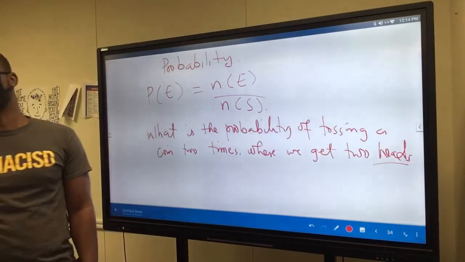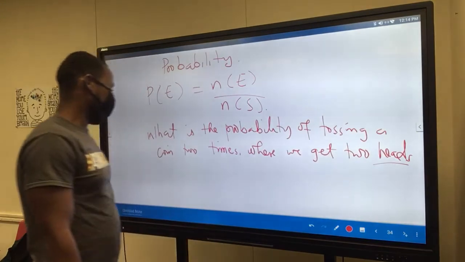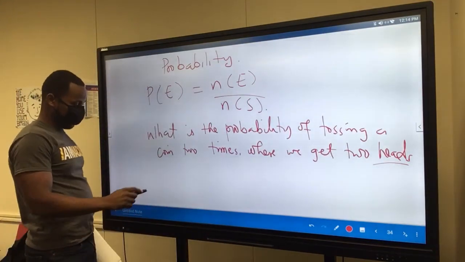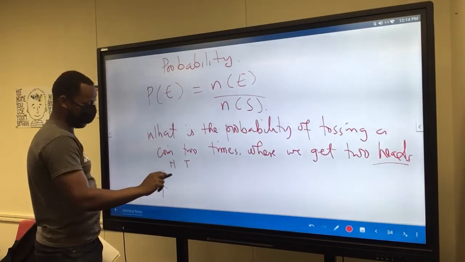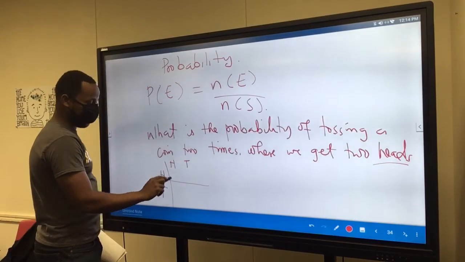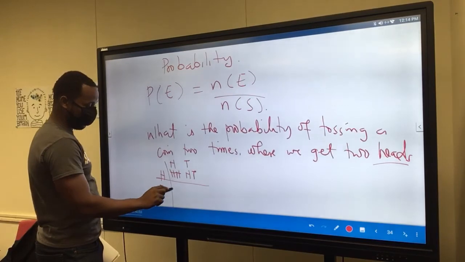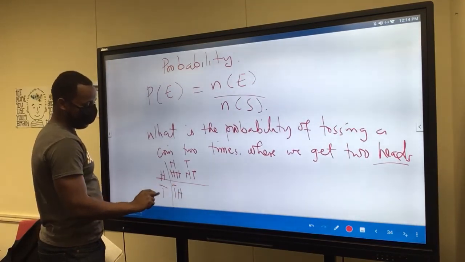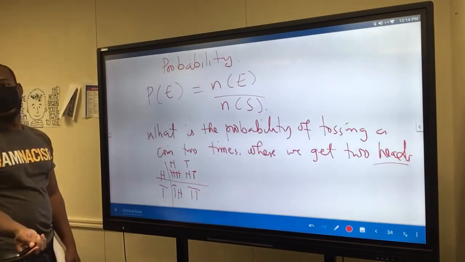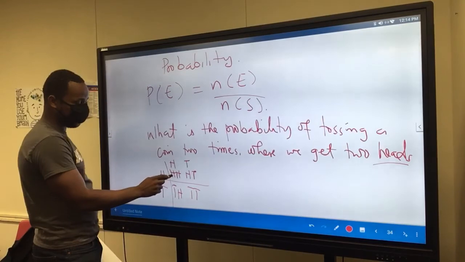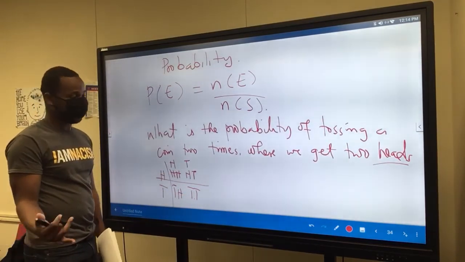When does it happen that you get 2 heads? Well, you have to first start by finding, if I toss a coin 2 times, what are the possibilities? So this is head, this is tail, okay? The first one could be head and head. We could have a head and a tail. We could have tail and a head. We have tail and tail. Now the sample space is 1, 2, 3, 4, right?